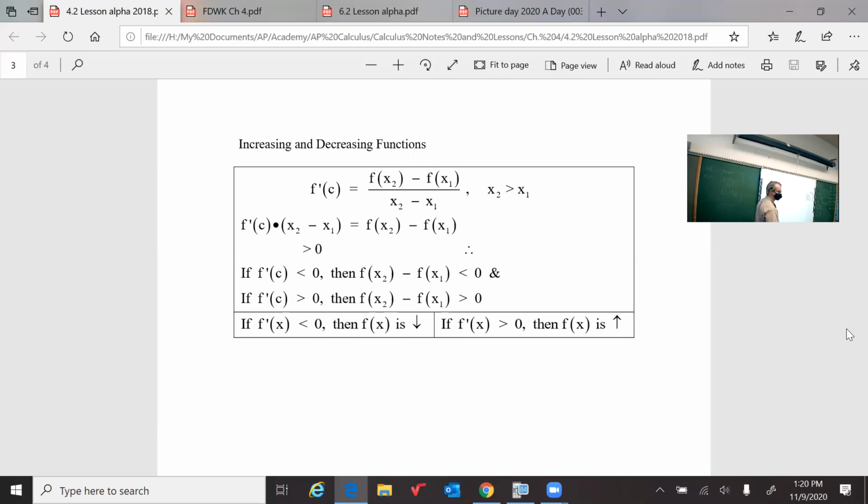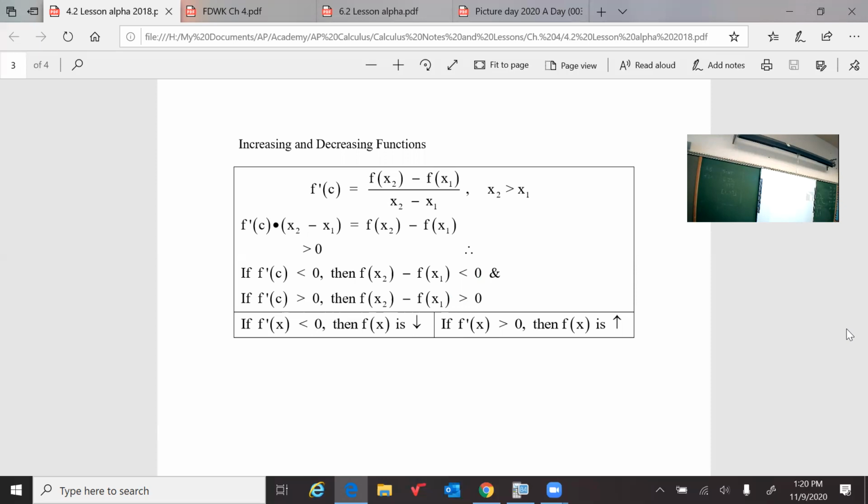Now what? All right, we're going to clear the fractions and multiply this to both sides of the equal sign. You're going to get the derivative times this thing, which we know is always positive, because it's the x value to the right, x2, take away x1. What about a positive number? Whenever we multiply by it, the sign stays the same.